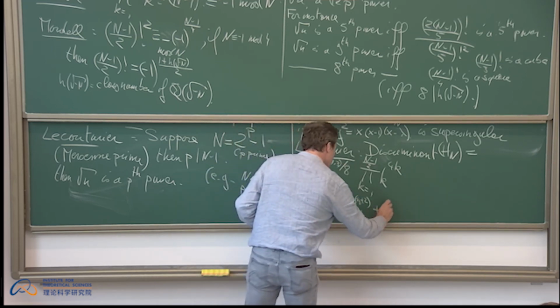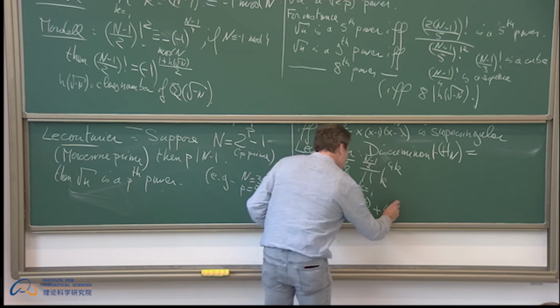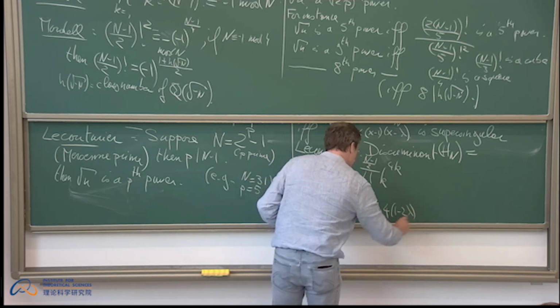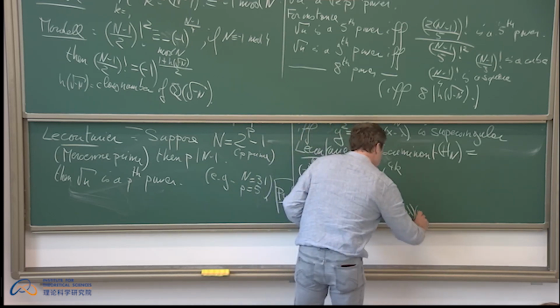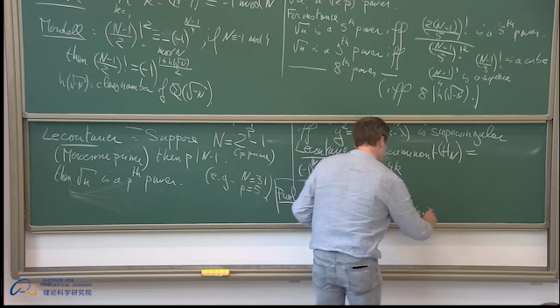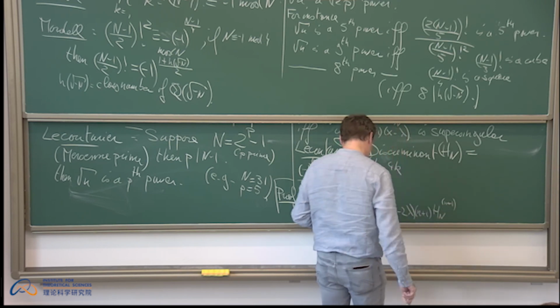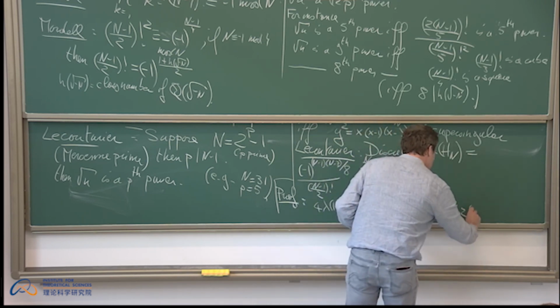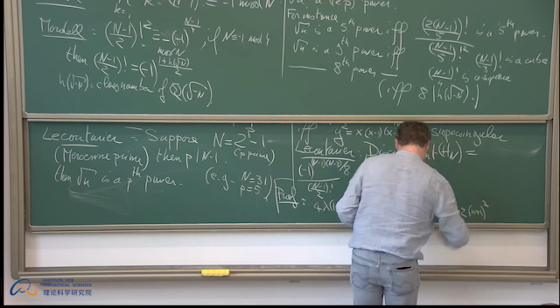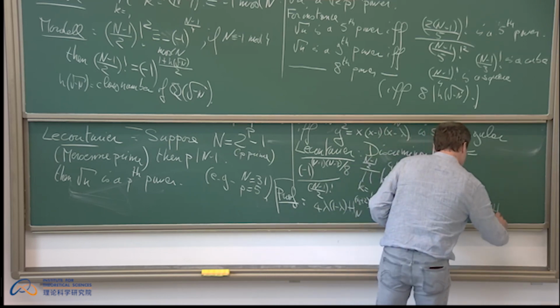plus for 1 minus 2 lambda, times n plus 1, hn, n plus 1, minus 2, square n 0.